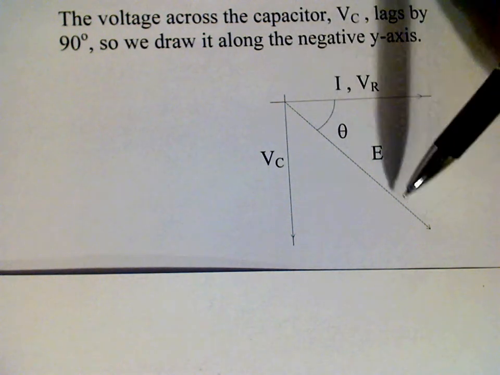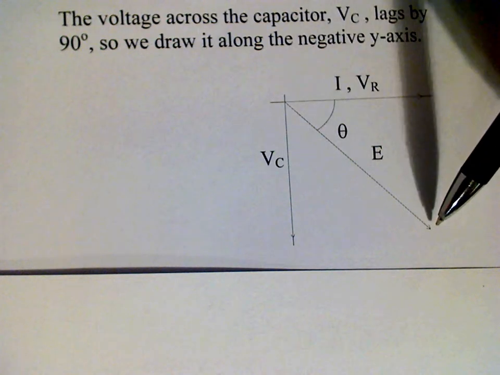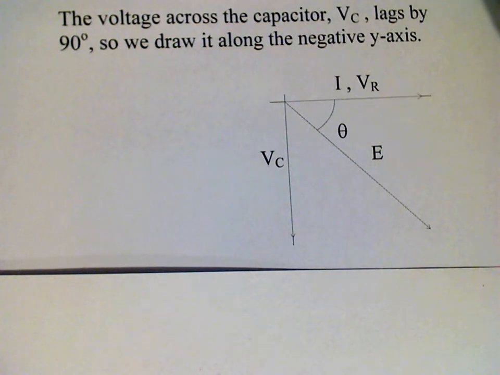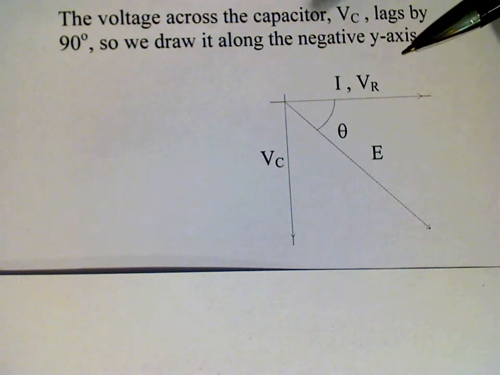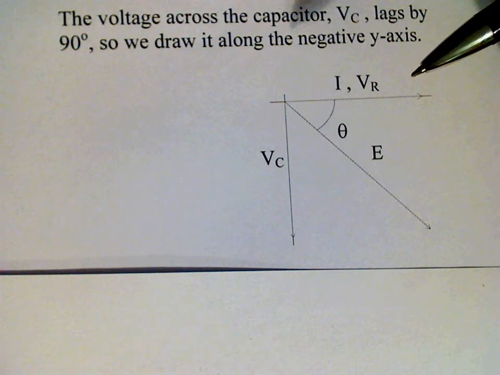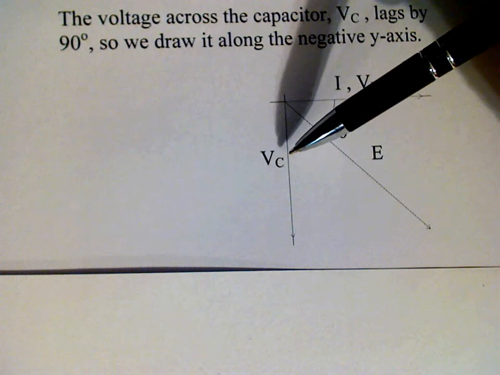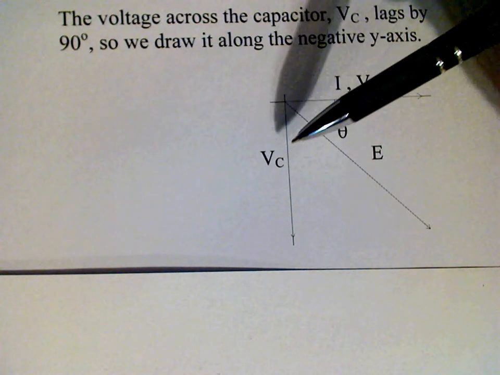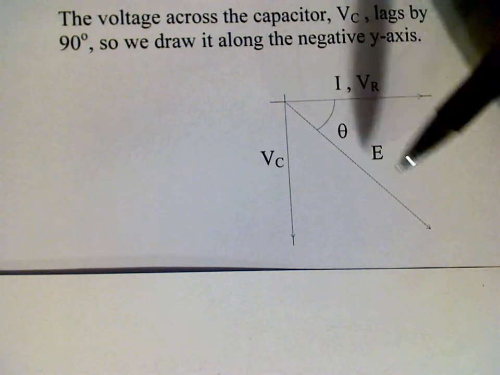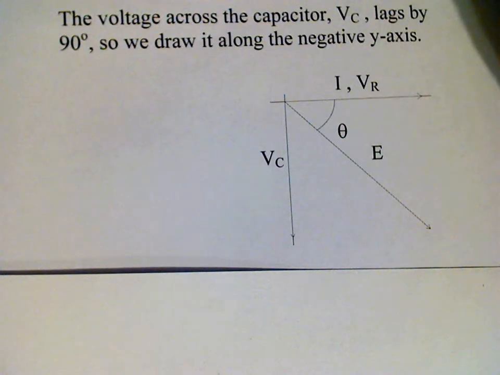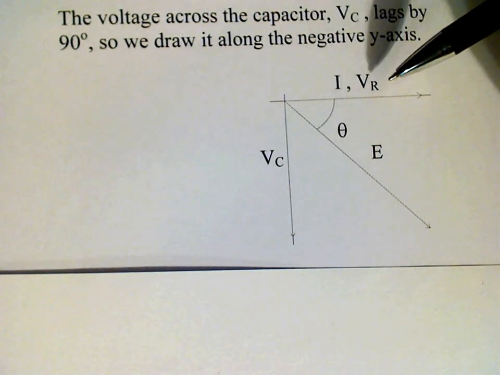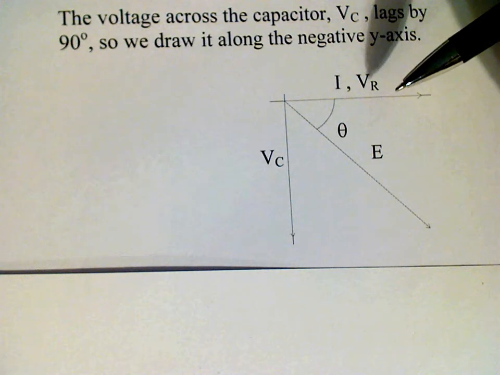Now, how do we come up with this phasor for the source voltage? Well, we know from Kirchhoff's law that we have a voltage drop across the resistor and a voltage drop across the capacitor. So the sum of these voltage drops must equal the source voltage. But we cannot simply add numerically because these voltages are out of phase. It turns out what we need to do is add the phasors.